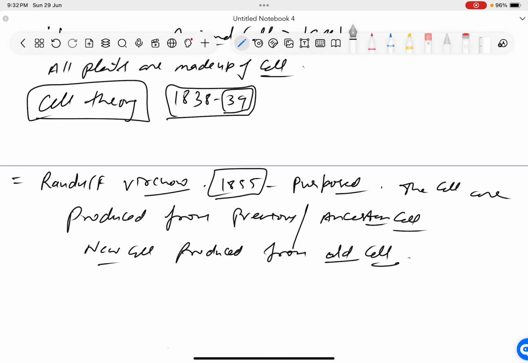This theory was proposed by Rudolf Virchow. Okay, so these are some interesting facts about the cell.